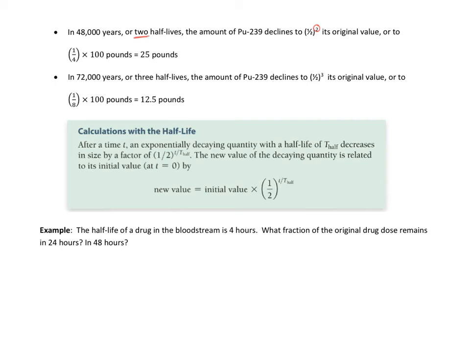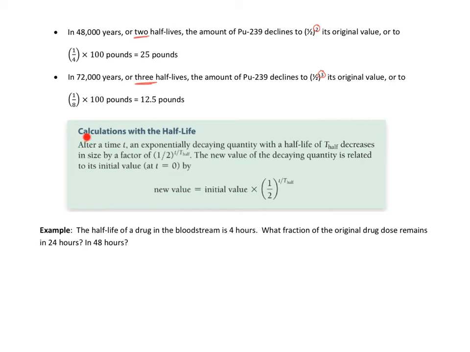If you square 1/2, you get 1/4. And 1/4 of 100 pounds is 25 pounds. And then we have this statement here that just furthers our pattern. We can keep taking half of the value before it.